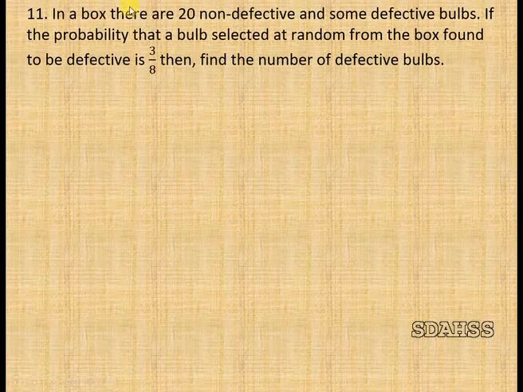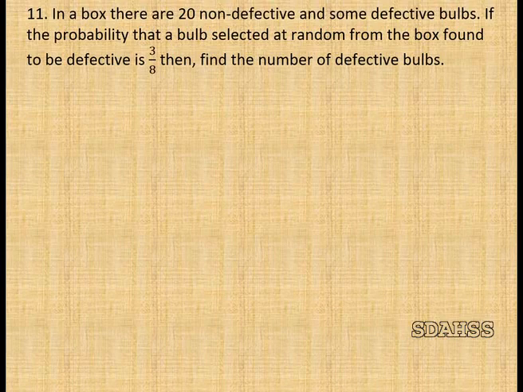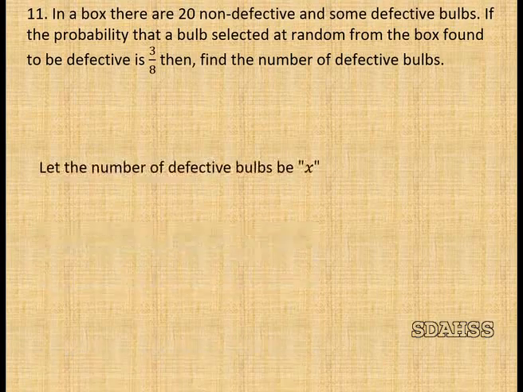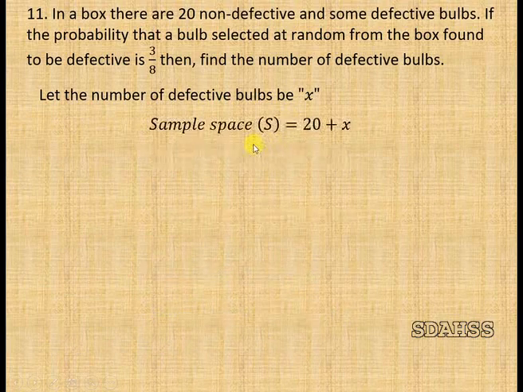11th sum. In a box there are 20 non-defective and some defective bulbs. If the probability that a bulb selected at random from the box is found to be defective is 3 by 8, then find the number of defective bulbs. Let x be the number of defective bulbs.